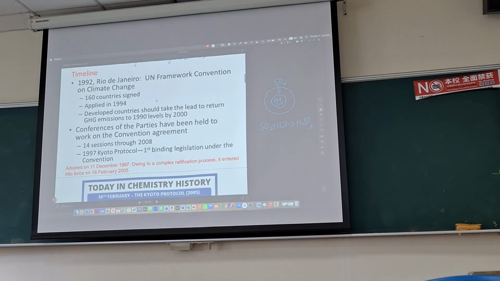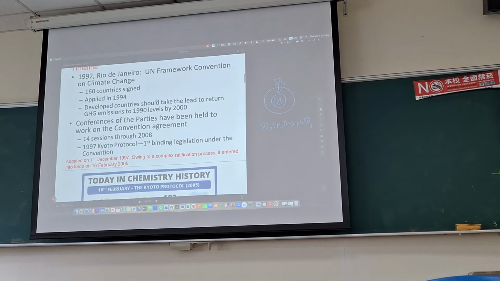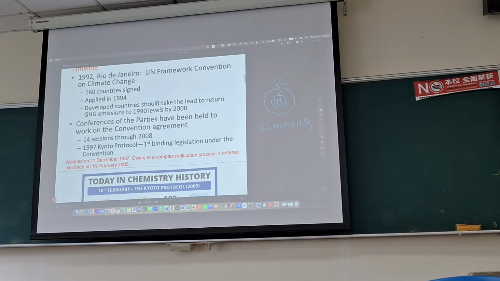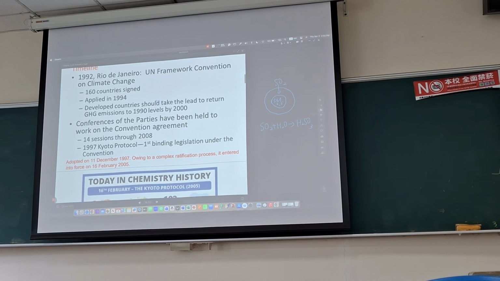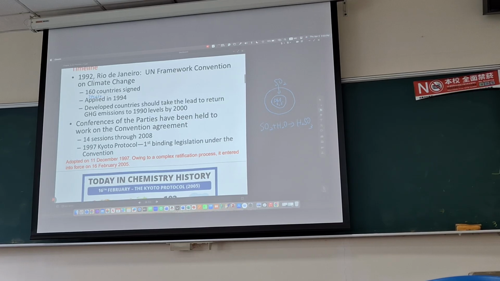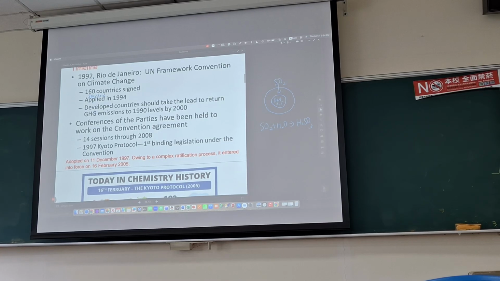So the timeline: in 1992, under the United Nations Framework Convention on Climate Change, 160 countries signed. And 'entered into force' here means started. Started in 1994.